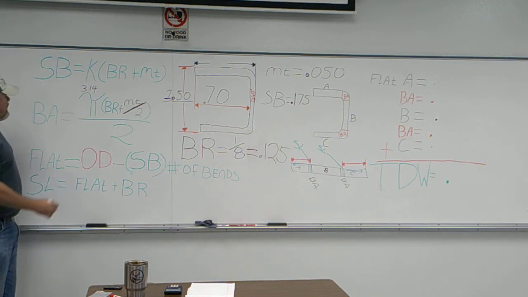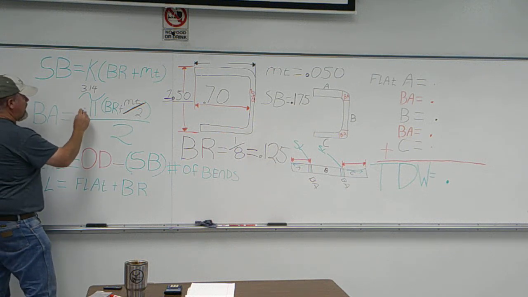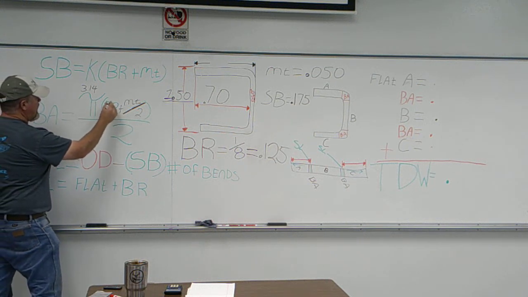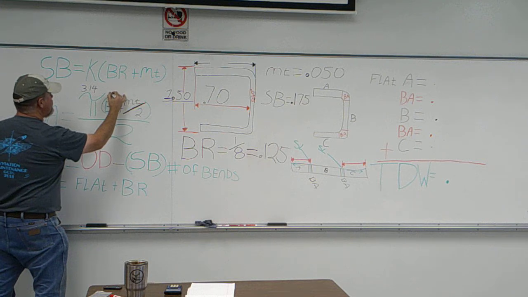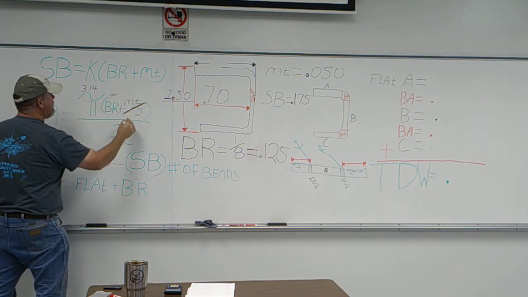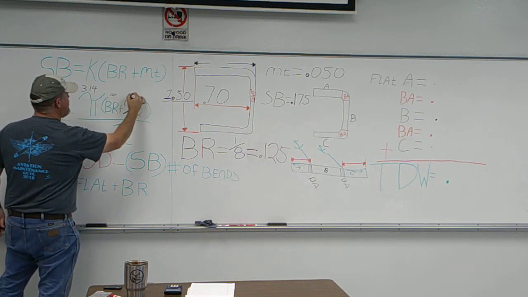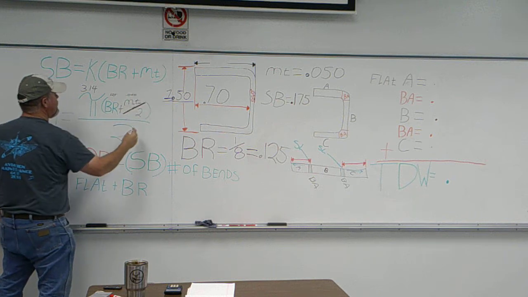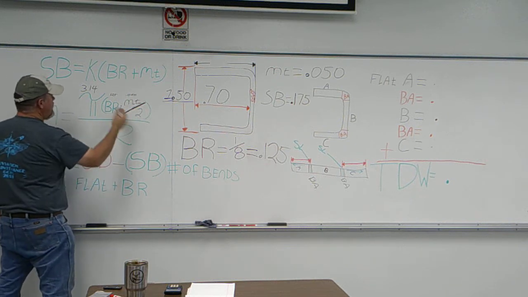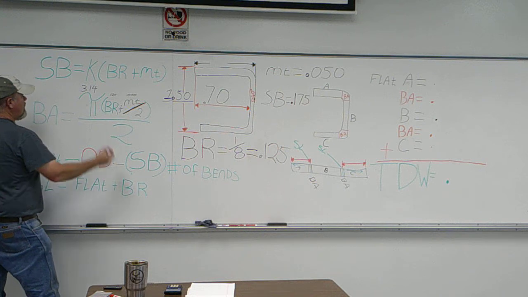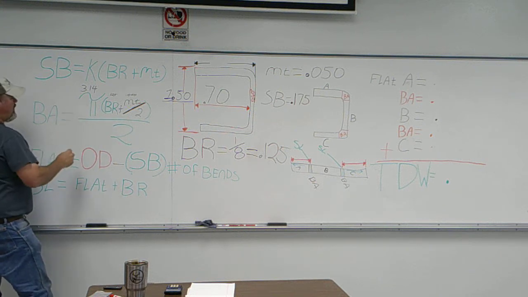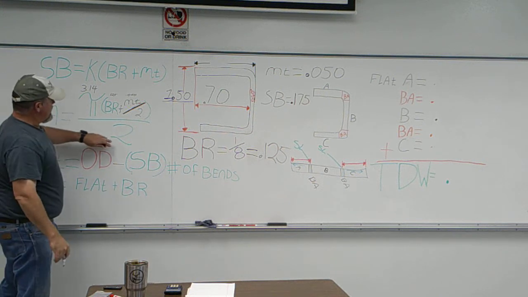Okay, bend allowance. Bend allowance is pi. We got bend radius of 0.125. Material thickness is 0.050. Divide that by 2. Add those 2 together. Times it times 3.14, and then divide that number by 2.